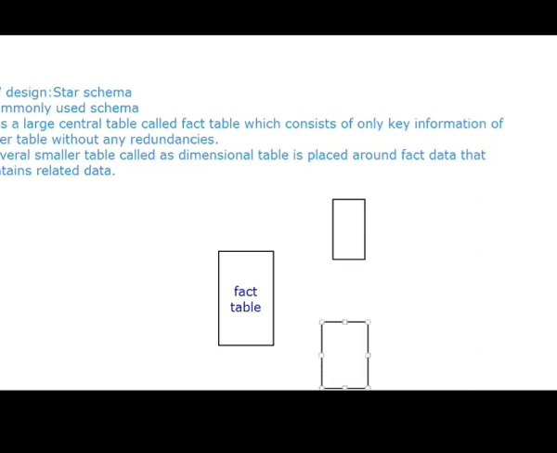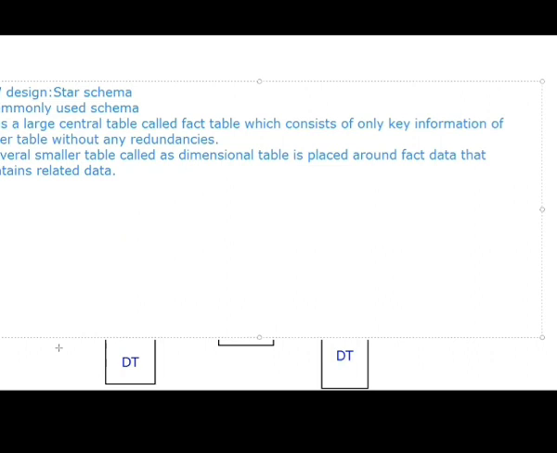The rectangular box that I am drawing right now is the dimensional table. Now in this example, I am going to create 4 dimensional tables which surround a single fact table. Now this dimensional table gives a detailed description about related information about data.